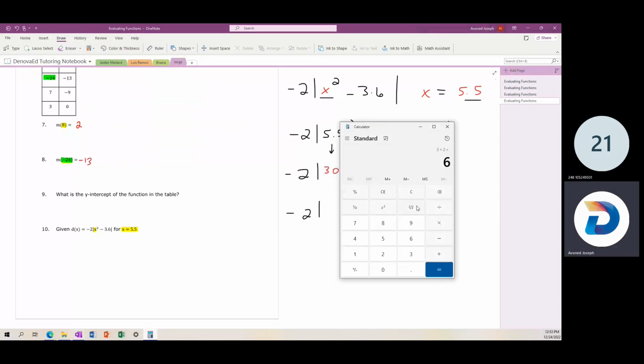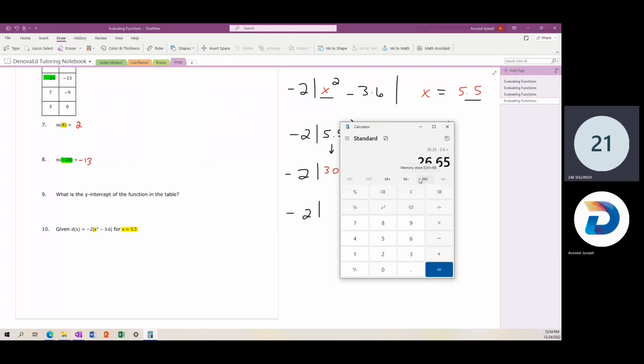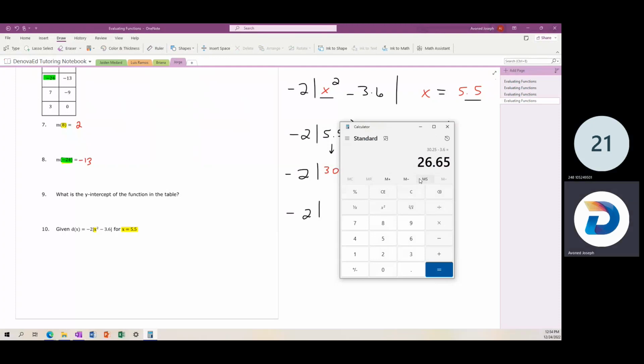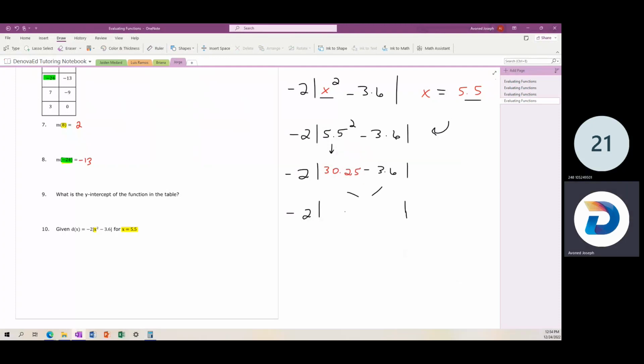Let's do it on the calculator. 30.25 minus 3.6, you'll get 26.65. Do you see that? Okay, so we can change that into 26.65. Anytime we see a value inside brackets times another number outside, this is always going to be multiplication.